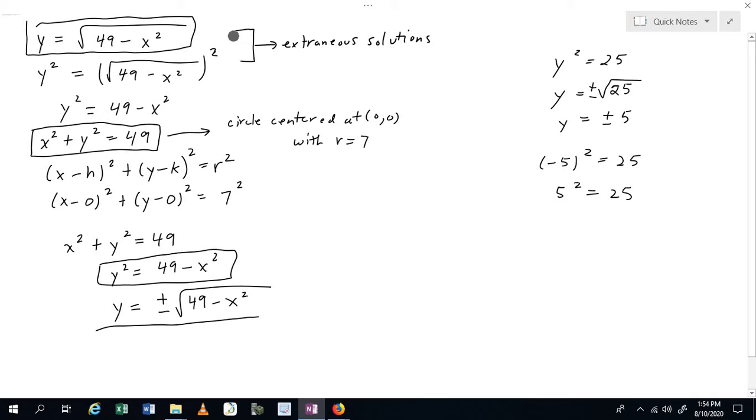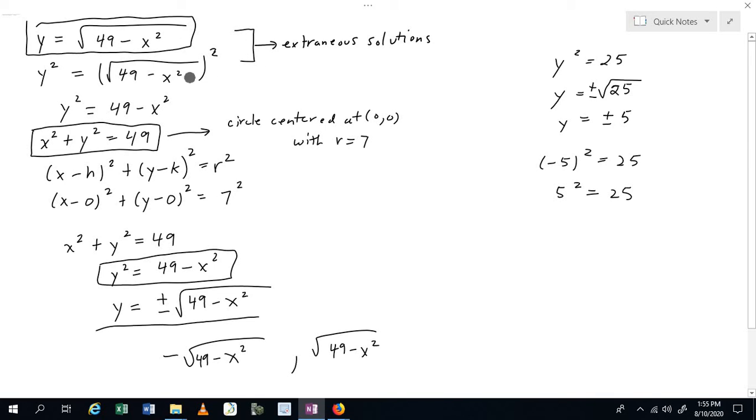And so when we squared both sides, we actually introduced this extra solution that did not exist in the prior equation. Okay, so that's our extraneous solution. This one's extraneous. So that's the difference here.